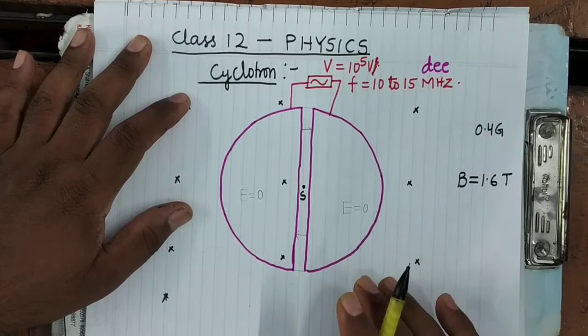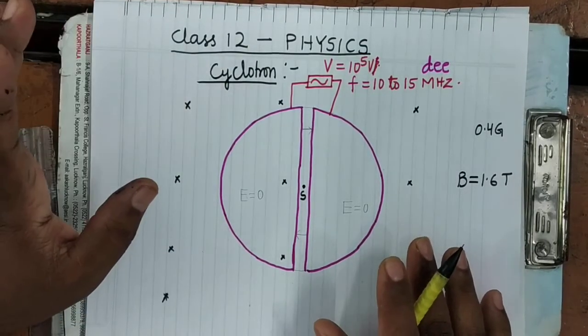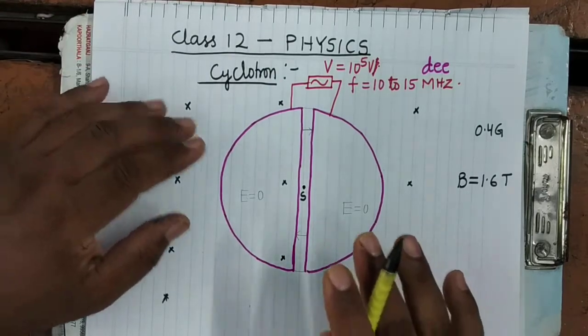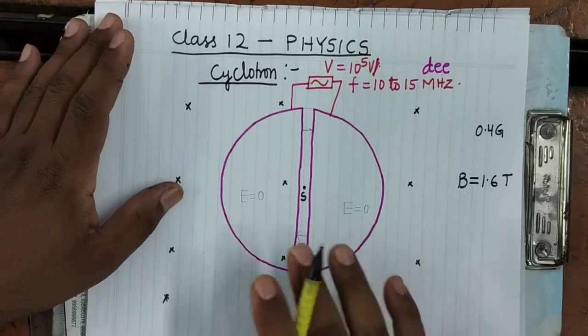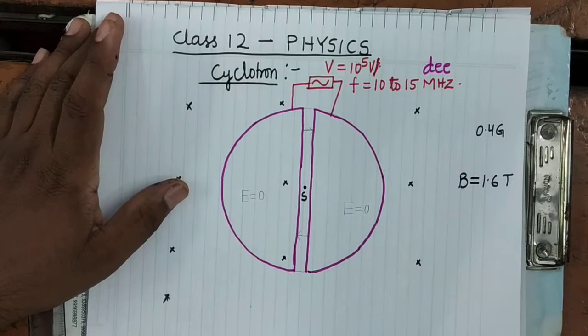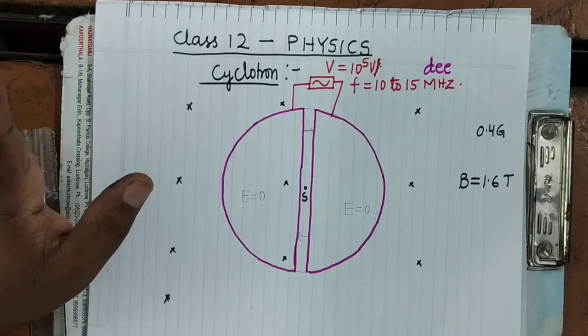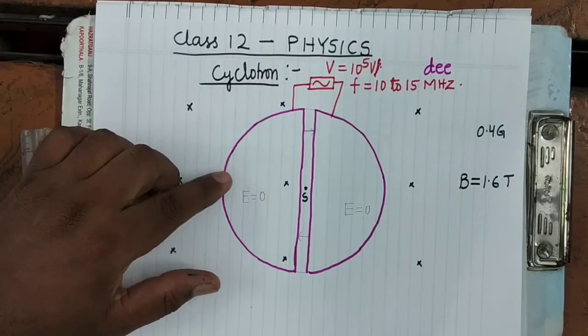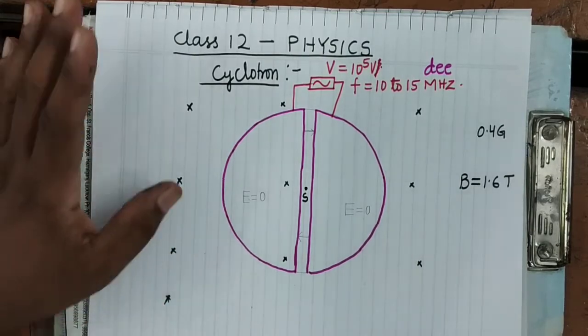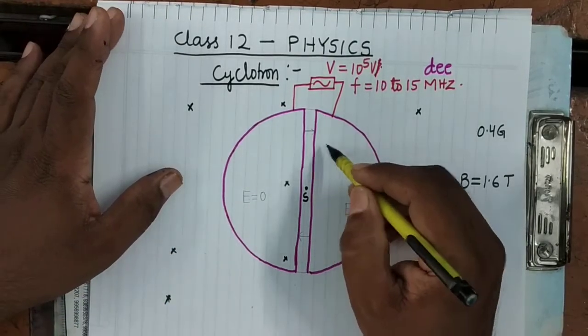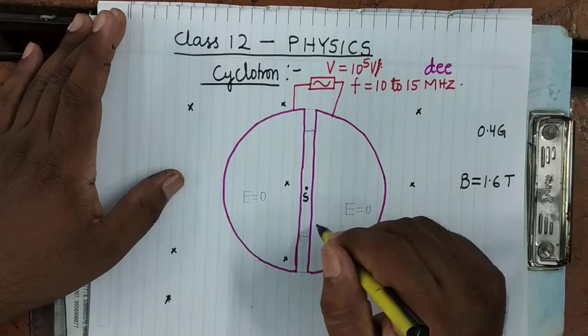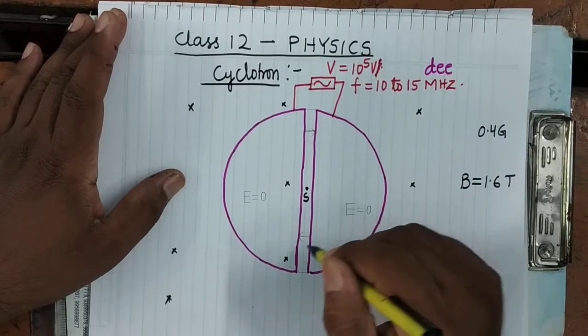It is clear. What is its constructional setup? In the constructional setup of the cyclotron, there are two semicircular metallic dishes placed in such a way that their plane surfaces are facing each other at a very small distance.